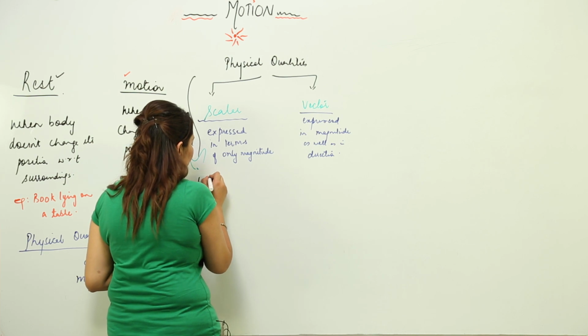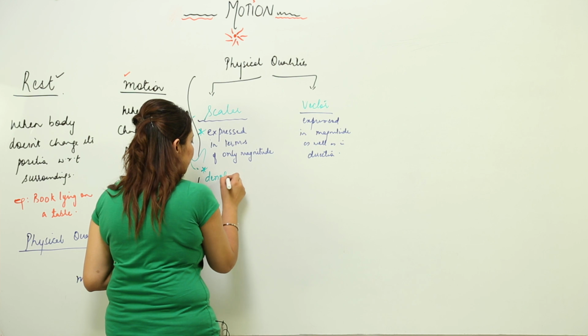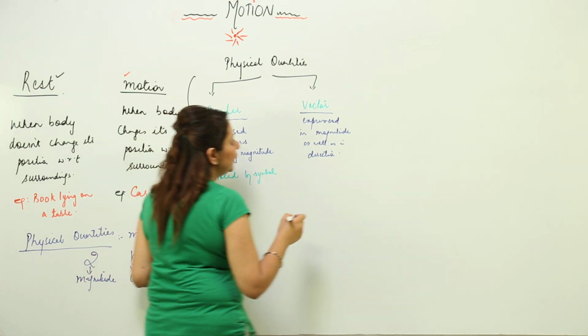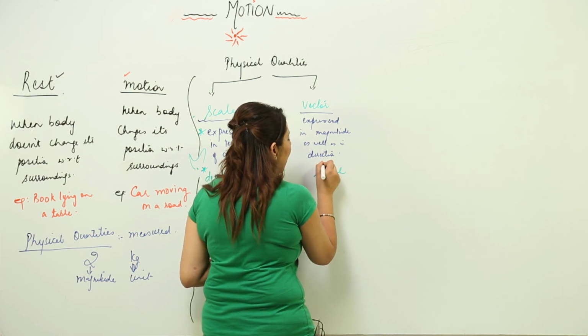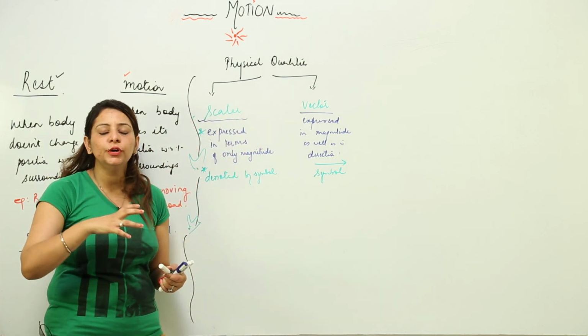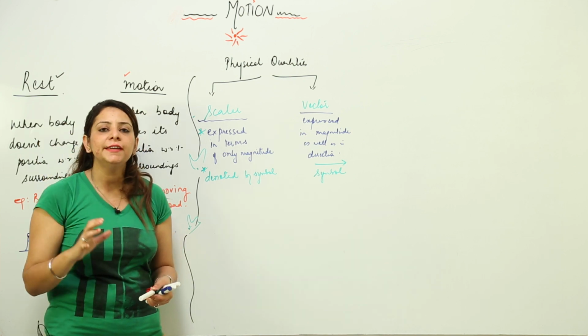Scalar quantities are denoted by a symbol, but on vector quantities we put an arrow on the symbol. The arrow means that it is going to occur in a given direction.